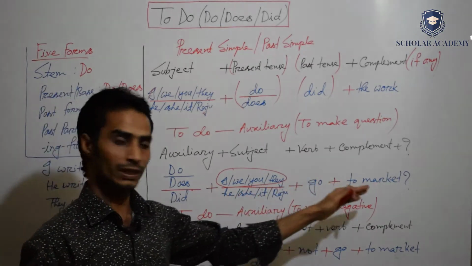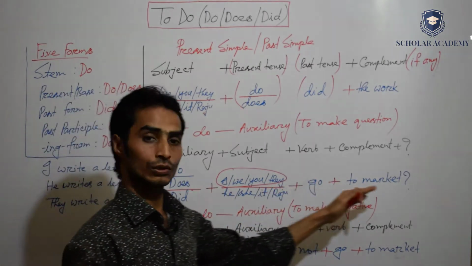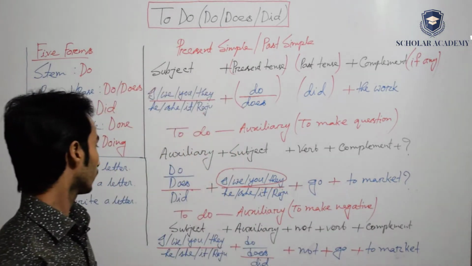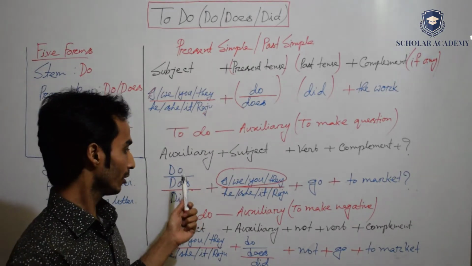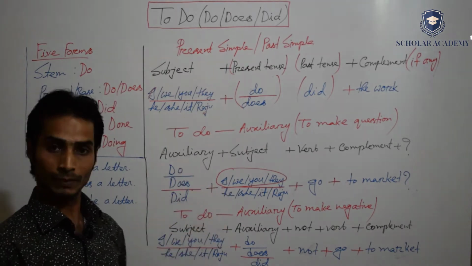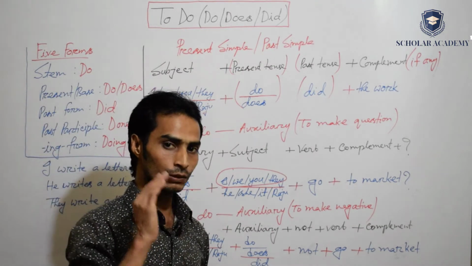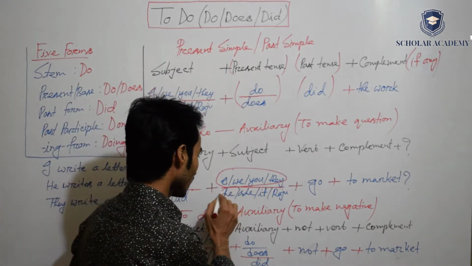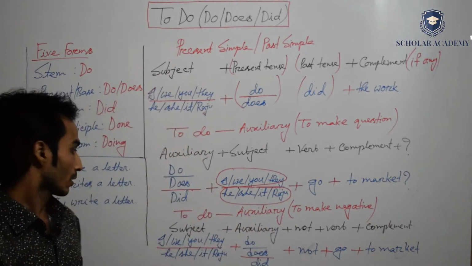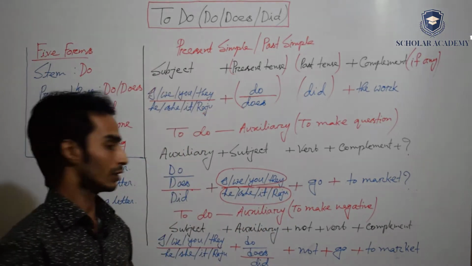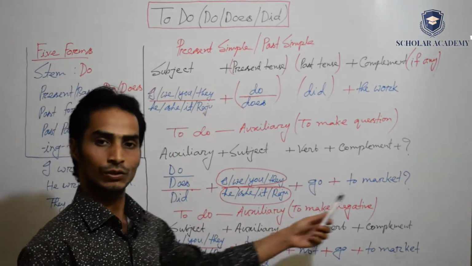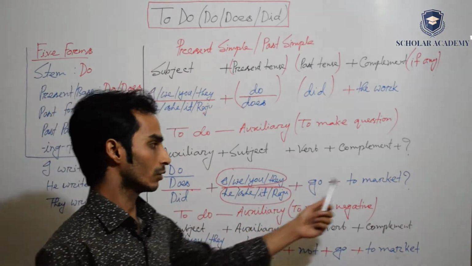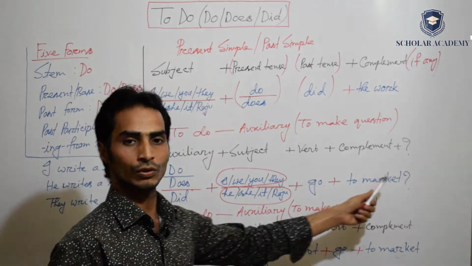Do you go to market? Do they go to market? And if you use does to make a question, you will have to use these subjects. So the sentences will be: does he go to market? Does she go to market? Does it go to market? Does Raju go to market?